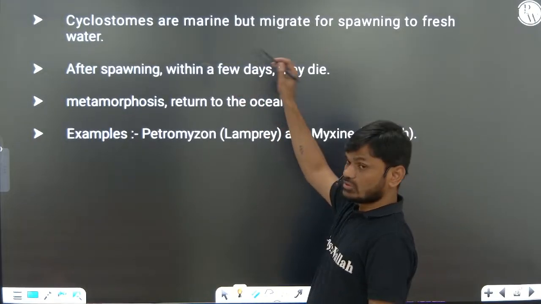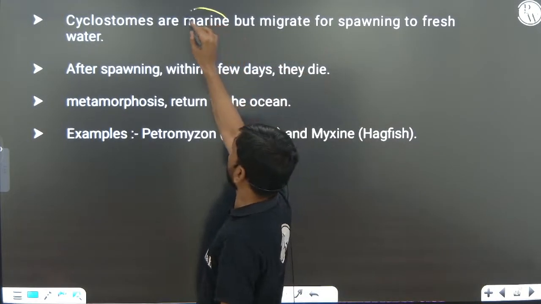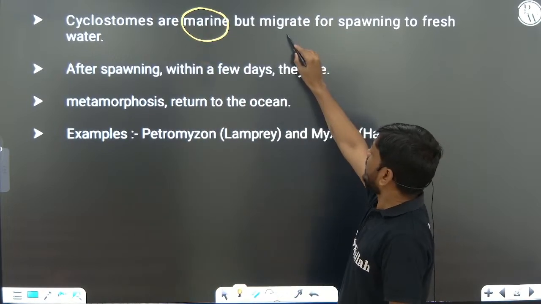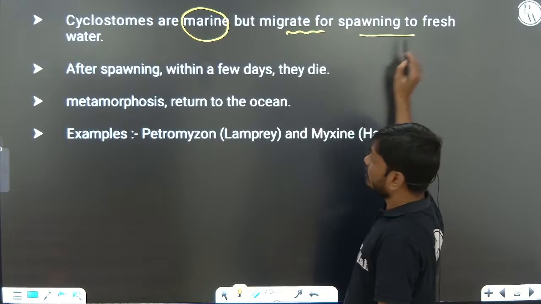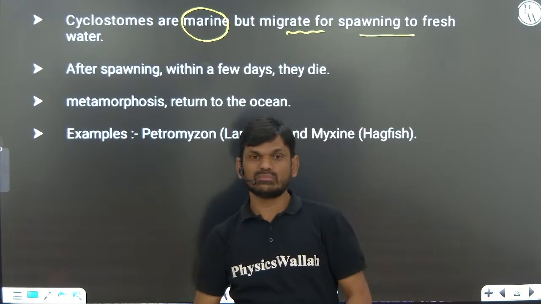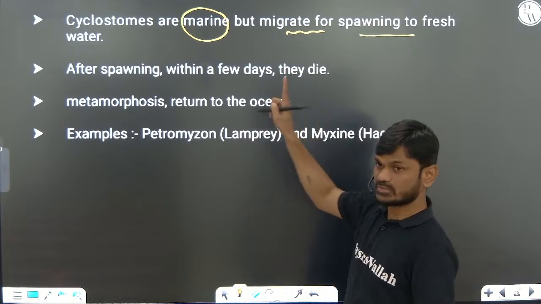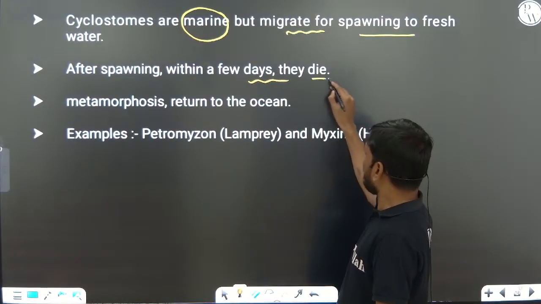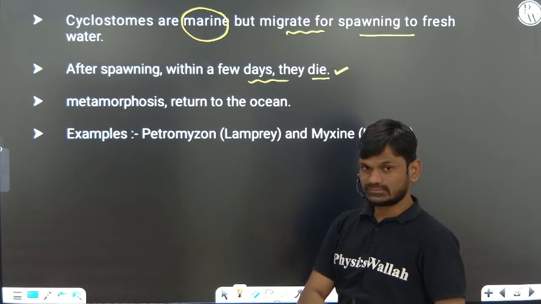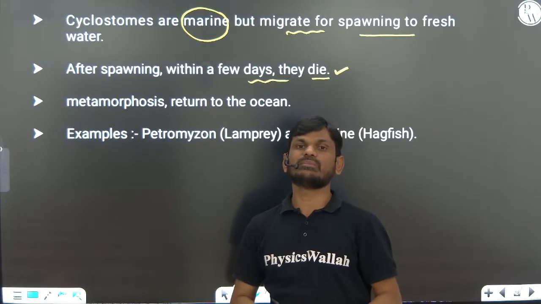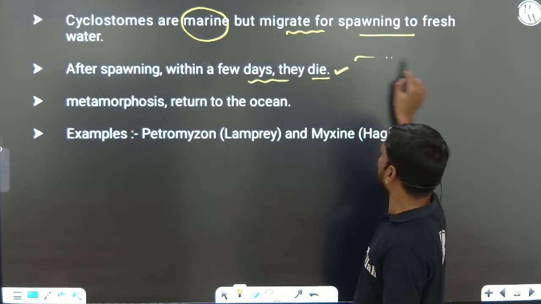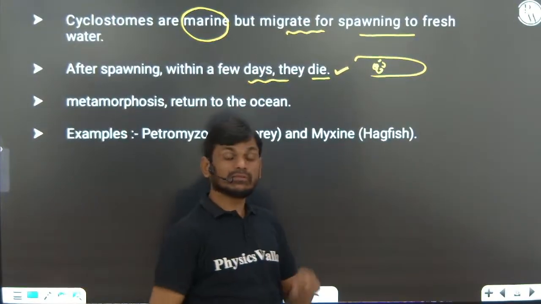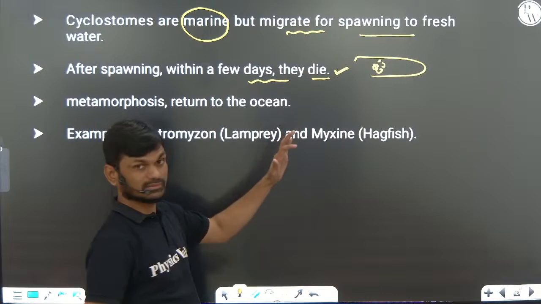So cyclostomes are marine in habitat. They are present in marine water, but importantly, they migrate to fresh water for spawning, which means to lay eggs. After spawning, within a few days, the adult female will die because of infection in the intestine.